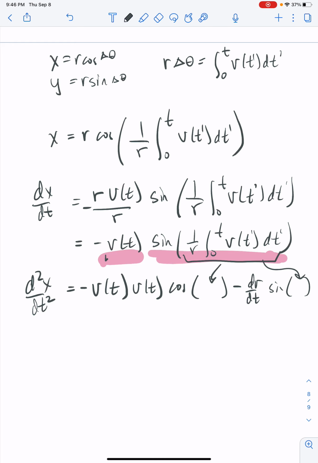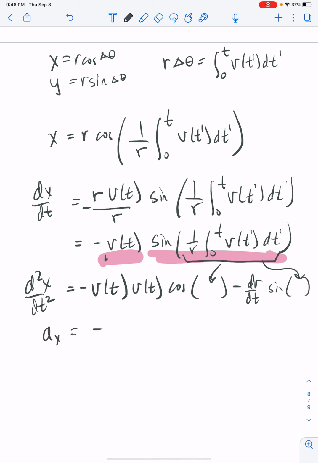Okay? So that means that my ax is negative v squared cosine of that whole thing, same as before, minus dv dt sine of that whole thing. Okay?